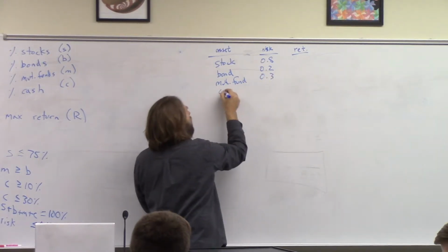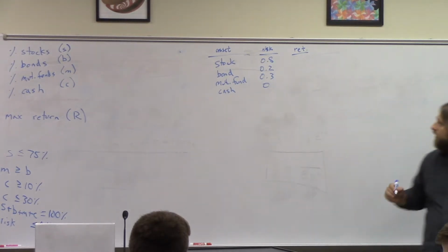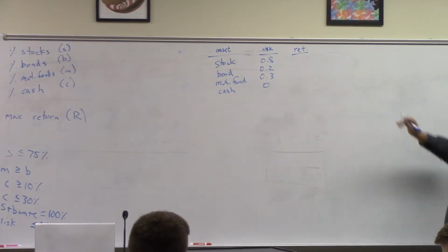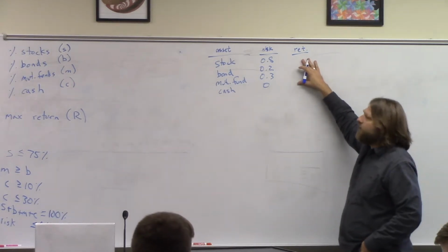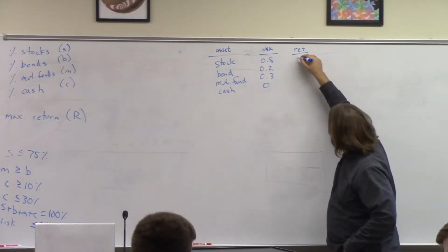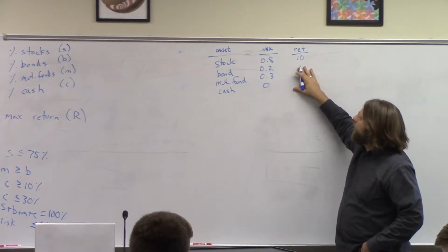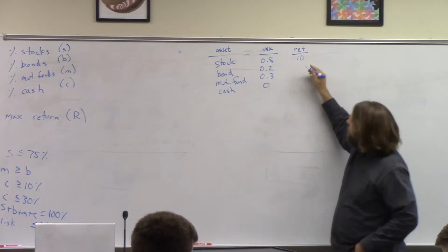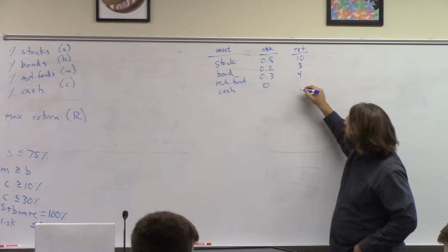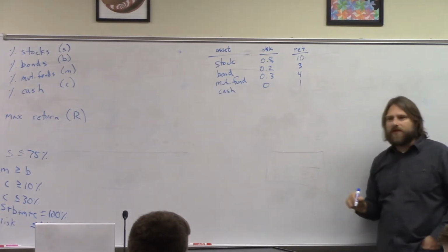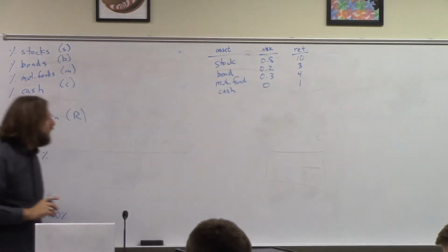And for cash, it's 0, right? You're not going to lose the cash that you stored in your mattress. All right, but then they have different rates of return, right? So the return for the stock was 10%. I'd love to have that kind of return on my stock. Bonds, 3%. Mutual funds, 4%. And cash, 1%. So we get a little bit of interest. So we actually aren't putting it in our mattress, right? We're giving it to our bank to do whatever.